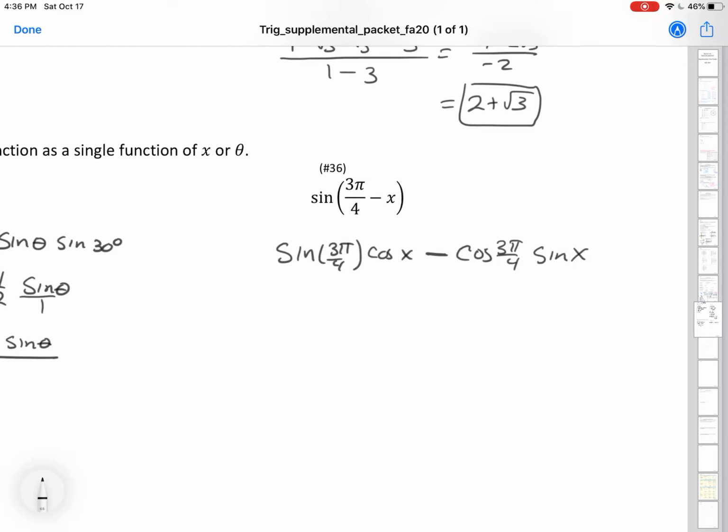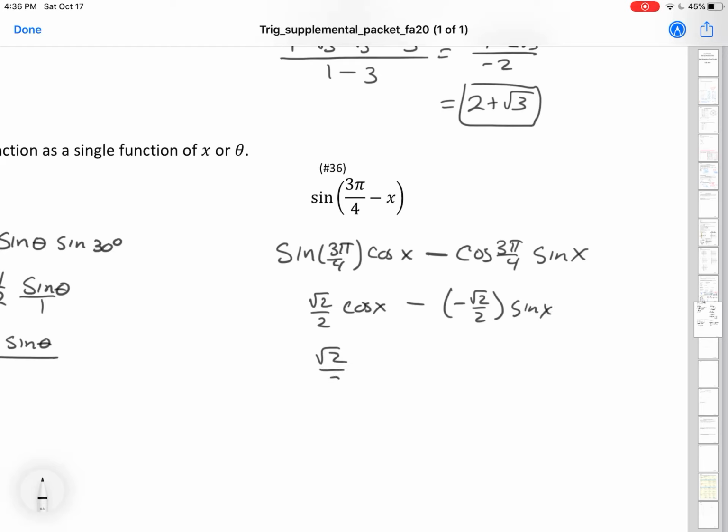And so we have sine of 3 pi over 4. 3 pi over 4 is a second quadrant angle, so it's going to be positive. So this is positive root 2 over 2 cosine x. And cosine of 3 pi over 4 is going to be a negative. And so that's going to be negative root 2 over 2 sine x.